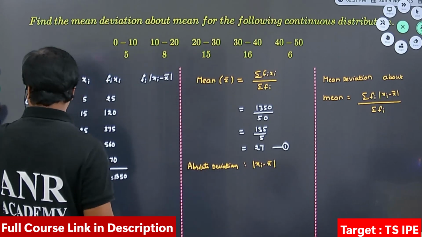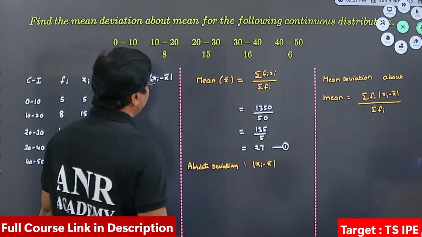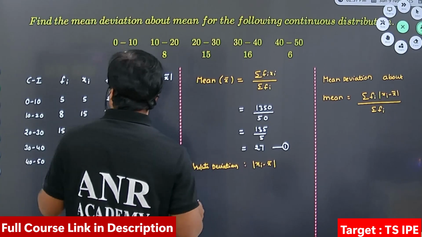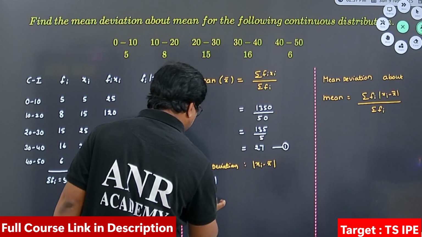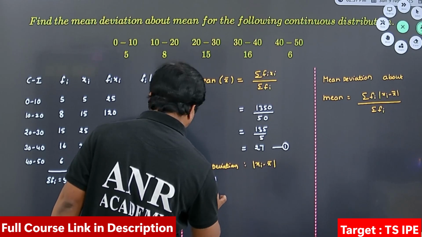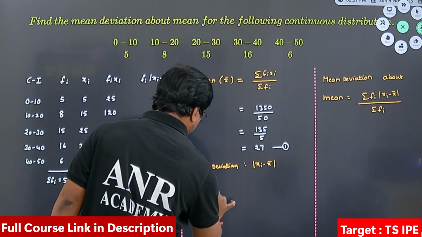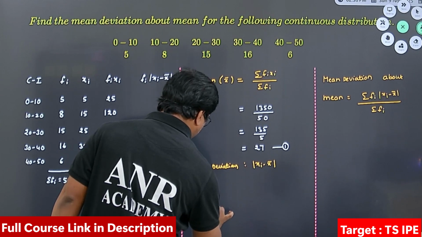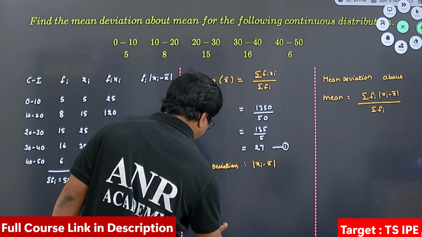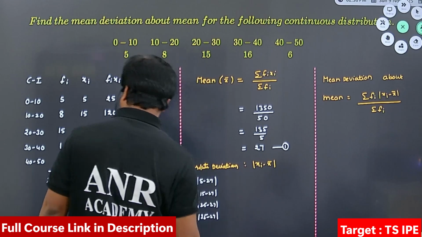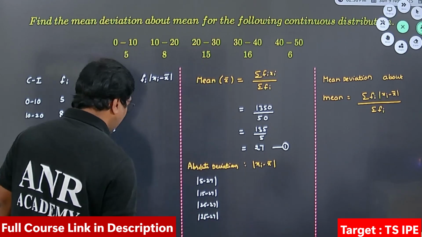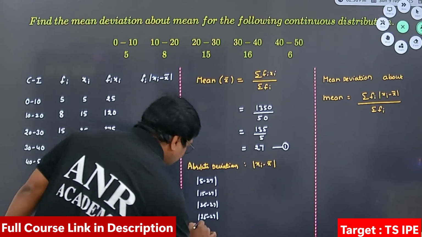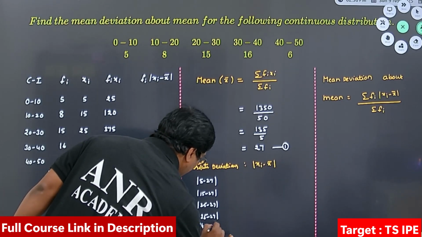We get here xi value 5 minus 27 first, next 15 minus 27, 25 minus 27, 35 minus 27, and after that 45 minus 27.